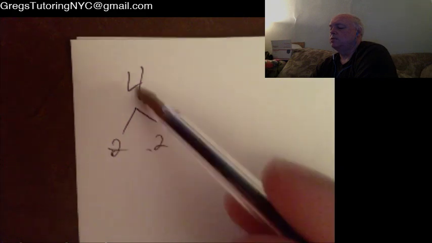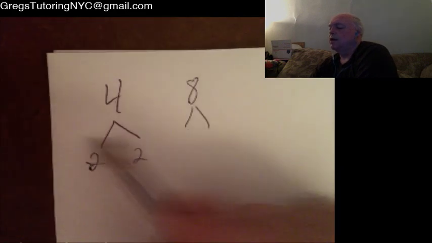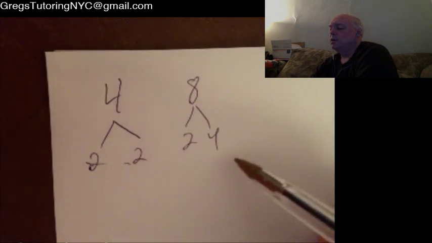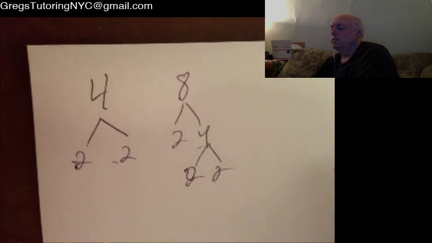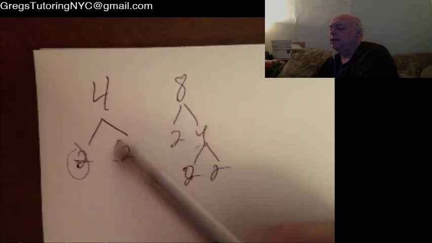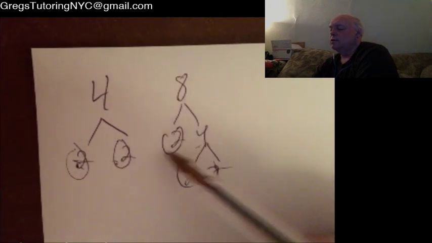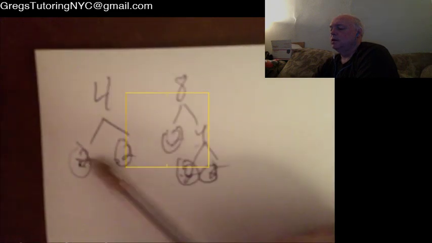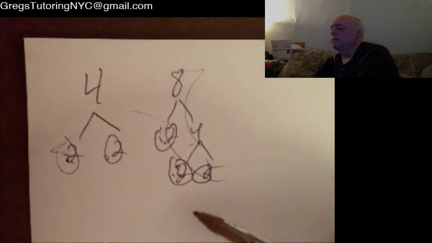That means 2 times 2 is 4. If I had 8, and you could start anywhere on this, it doesn't matter, I'm going to have 2 times 4, and I'm going to split 4 into 2 times 2. When you get to the leaves, which is all the bottoms here, 2 times 2 is 4, and 2 times 2 times 2, we get 4 times 2 is 8. So we can always run through this to make sure we did it right. Okay?